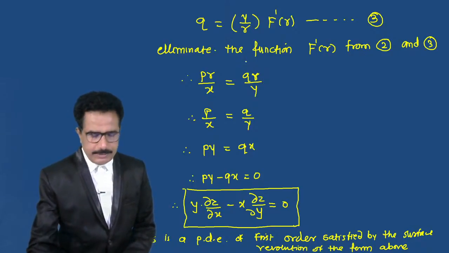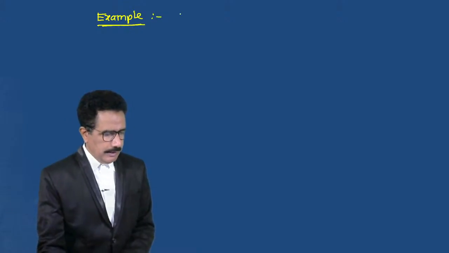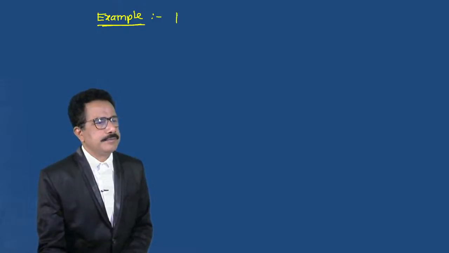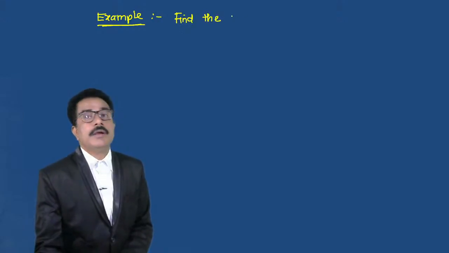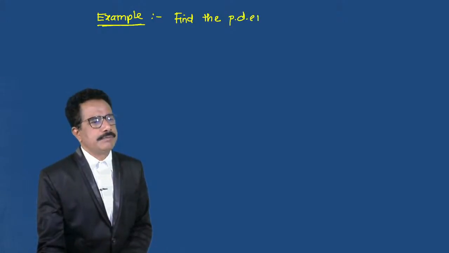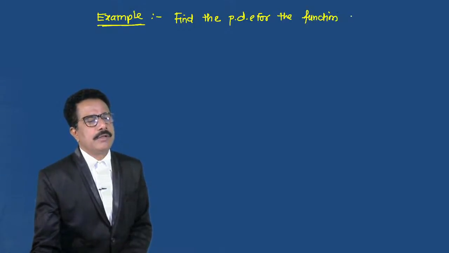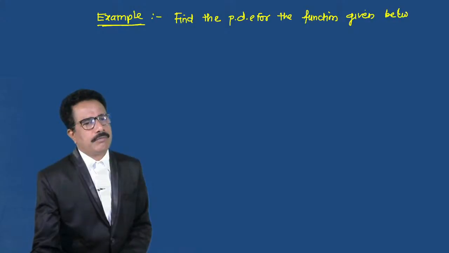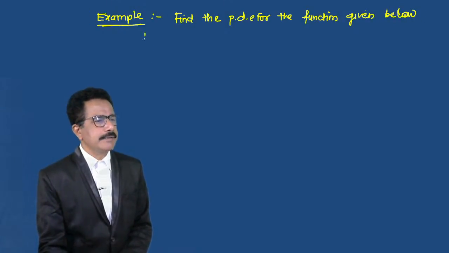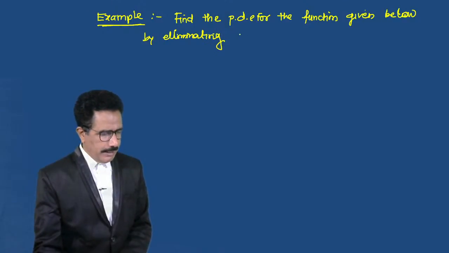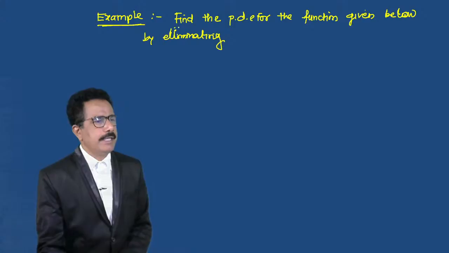So write down example second. See this. Find the partial differential equation for the function given below by eliminating f.